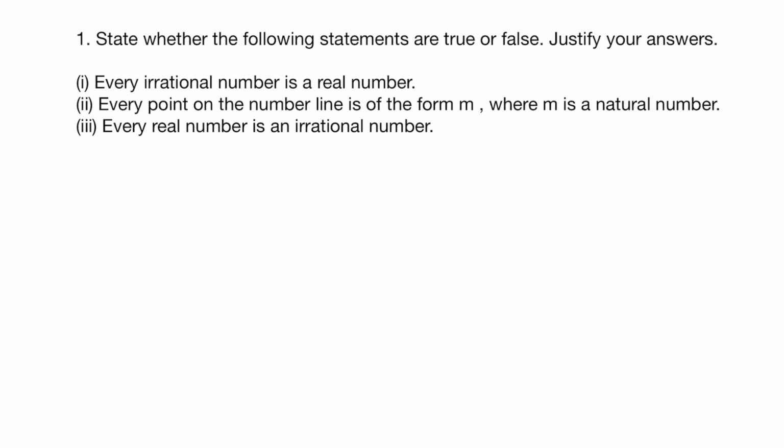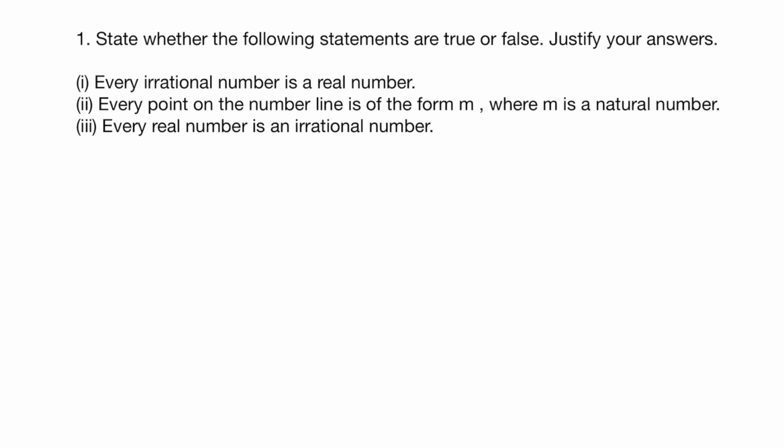The first subdivision is: every irrational number is a real number. For you to answer this question, you need to know what real numbers are. That I haven't told you yet. In the previous video, we saw what irrational numbers are, and in the videos before that, we saw what rational numbers are.